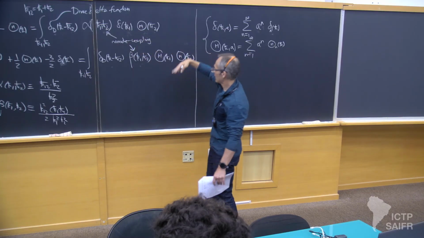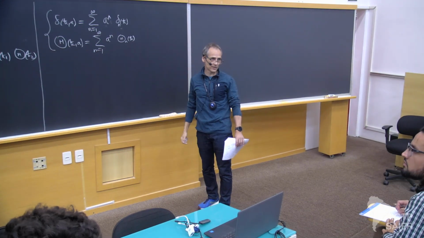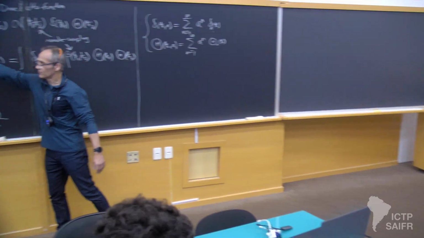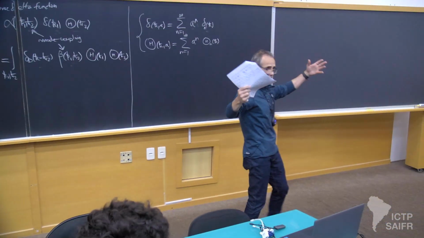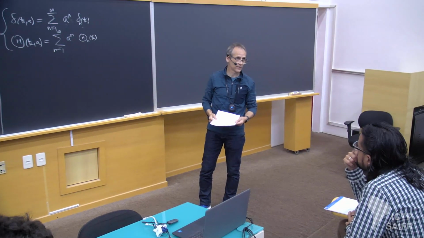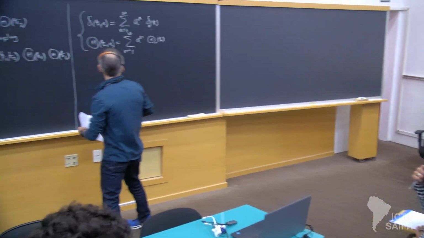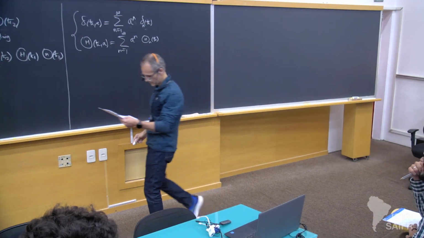But you can collect the overall power of a to the n to match it to the left-hand side. Since the time dependence is arbitrary, at each order in a to the n you should match the coefficients on the left-hand side and on the right-hand side, which only depend on k. And that determines a recursion relation for these functions.